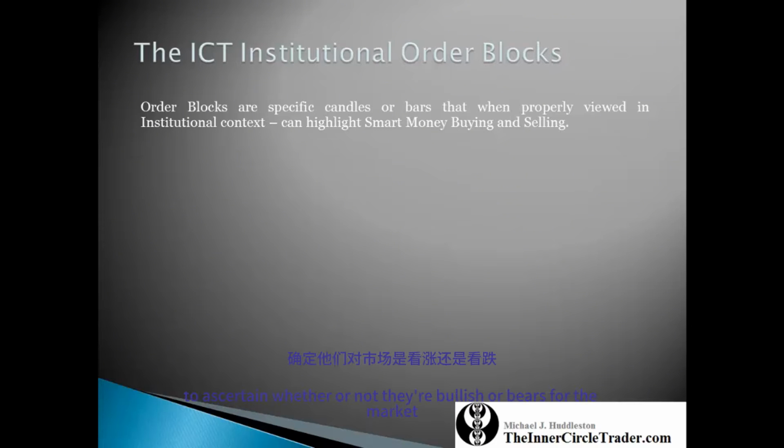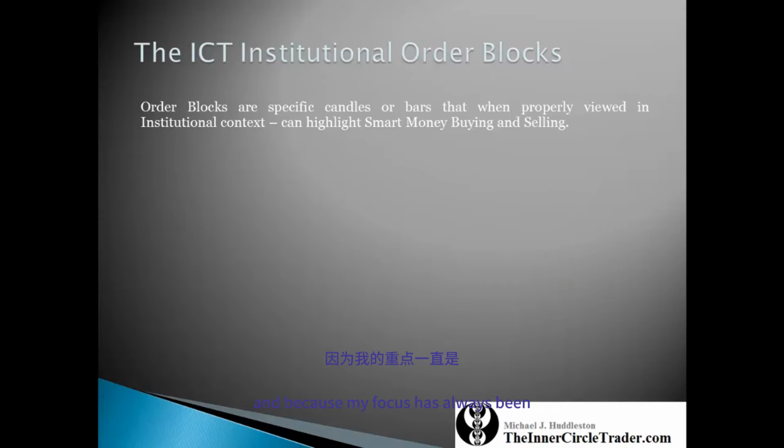But to ascertain whether or not they're bullish or bearish for the market, to me, I think it's a fallacy to believe that any one particular trader can do that and disseminate that information and discern, in a realistic amount of time when it's released, how to use that data intraday or on a short-term basis to take profits out of the marketplace. But I do subscribe to the idea that fundamentals do have their role in large macro trends, and those large macro trends, okay, are going to be governed by institutional trading.